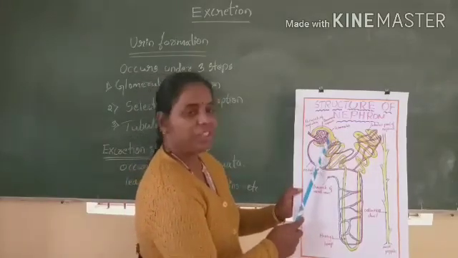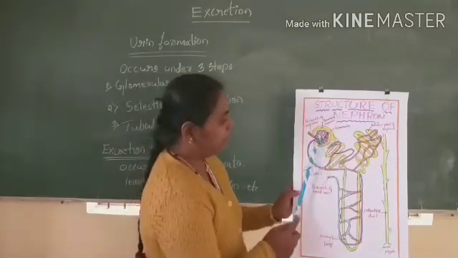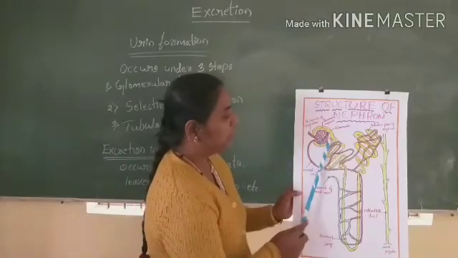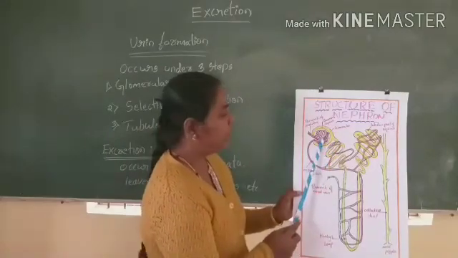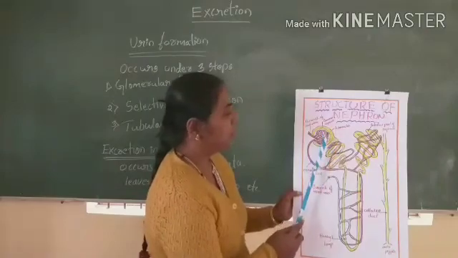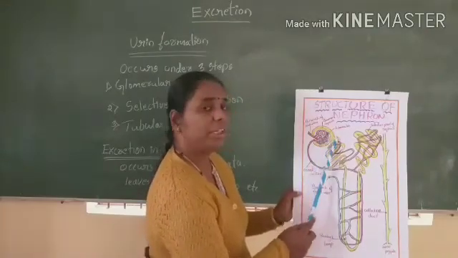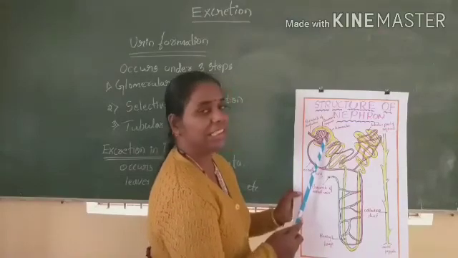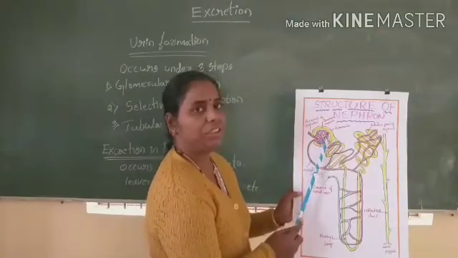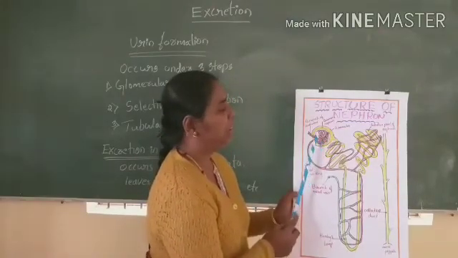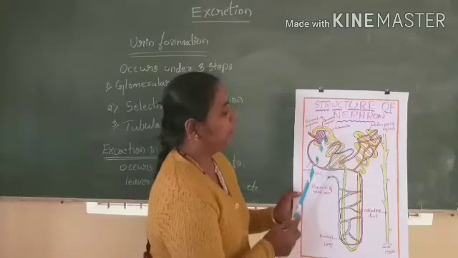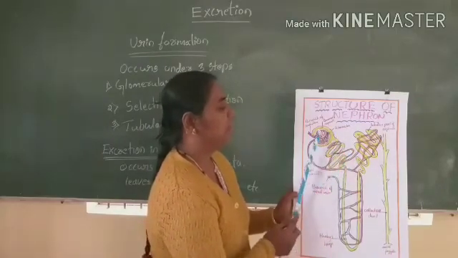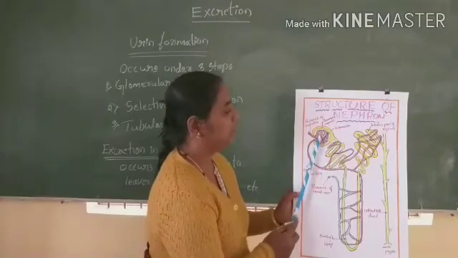During this filtration, not only the non-essential materials are filtered. Along with the non-essential materials, some essential materials also get filtered. Therefore, this filtration is non-selective. Along with the urea, uric acid and other things, the other useful materials also get filtered.